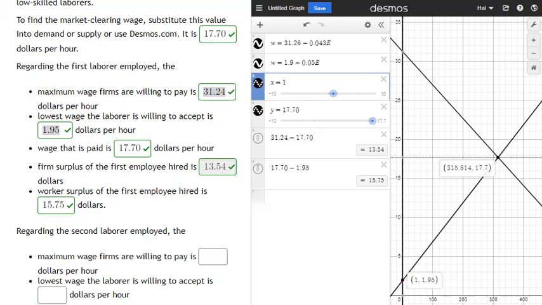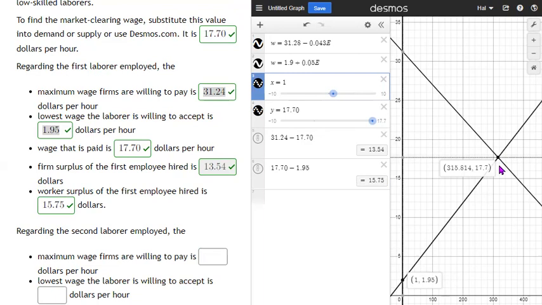The one with the highest reservation wage is probably the last person the firm wants to hire, right? So labor economics looks a lot like product economics, right?